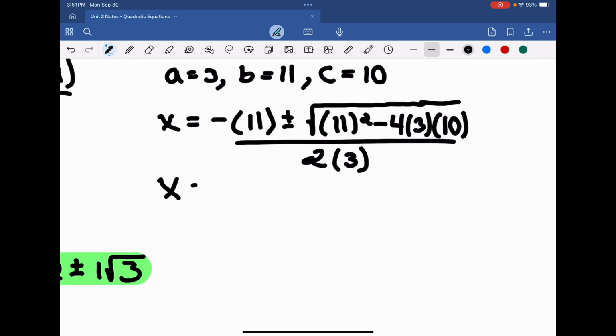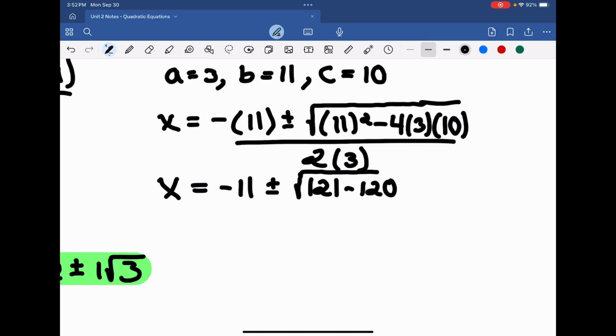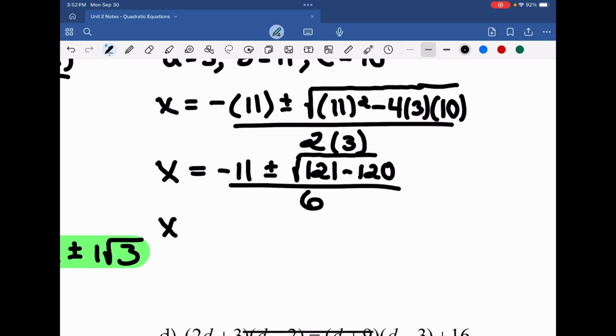Now, continuing this below, we're going to get x is equal to negative 11 plus or minus the square root of, well, in your calculators, we could do this all together, or we could put the values separate, but maybe we actually just do a step where we write them. 11 squared is 121. 4 times 3 times 10, that's 12 times 10, is negative 120, all divided by 2 times 3, which is 6. Now what I'm going to do is write this as x is equal to negative 11 plus or minus the square root of 1, divided by 6.